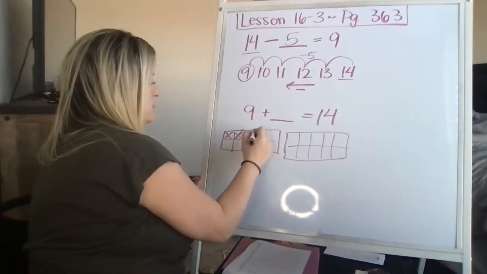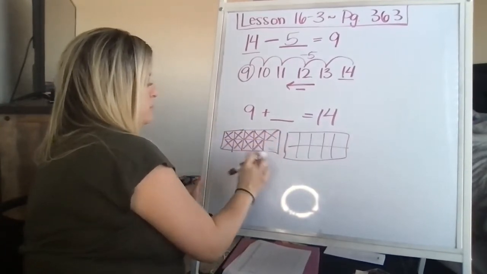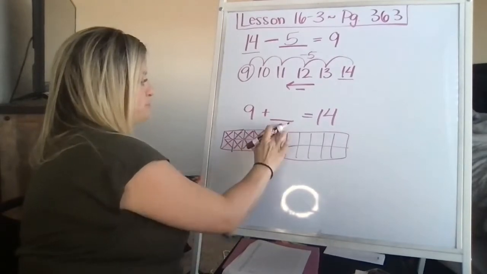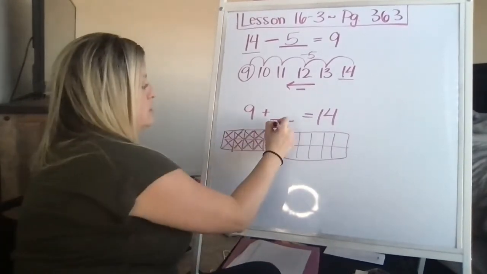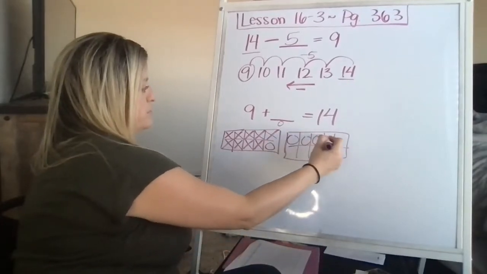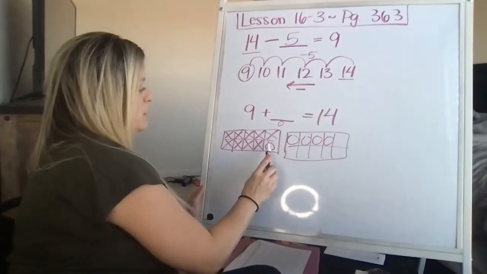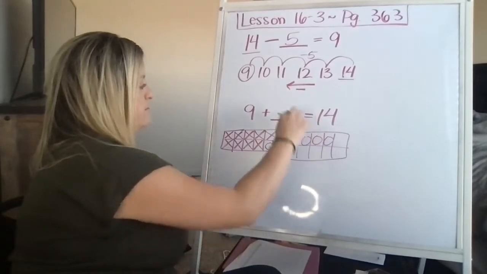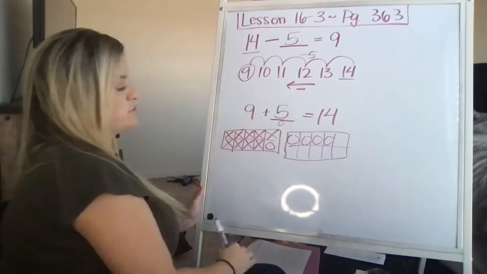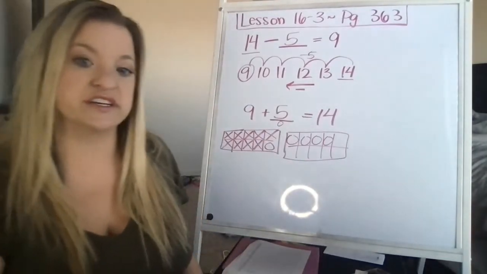Then 1, 2, 3, 4, 5, 9 with 1 missing, 9. Count on with O's until I get to 14. 10, 11, 12, 13, 14. Now count up how many I drew. 1, 2, 3, 4, 5. 9 plus 5 equals 14. So Maddie eats 5 more cherries.